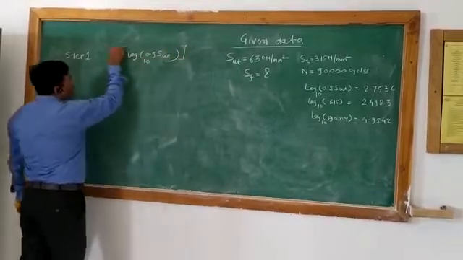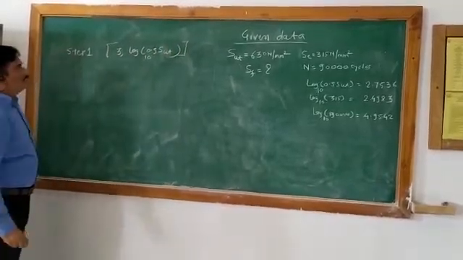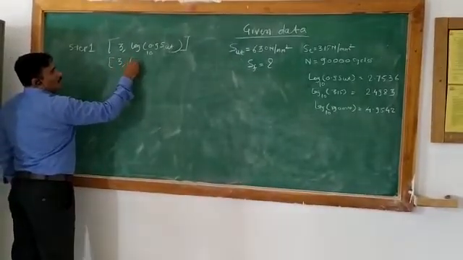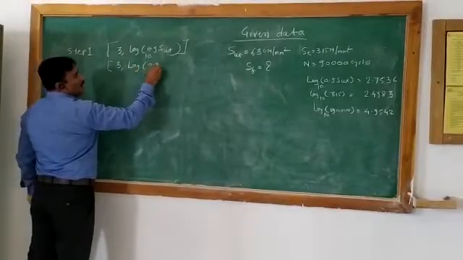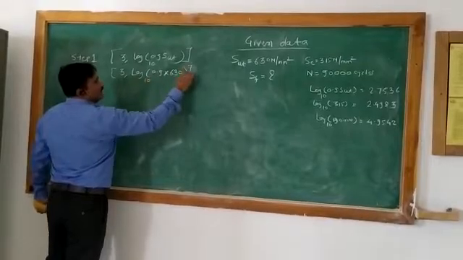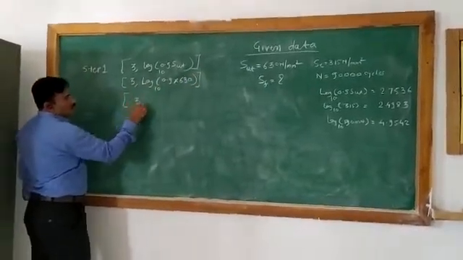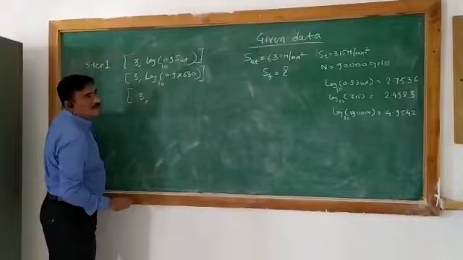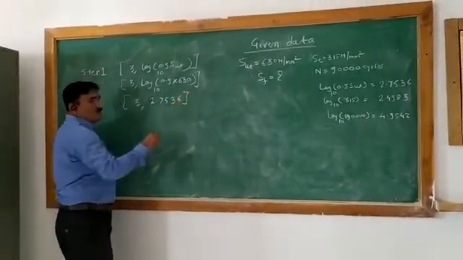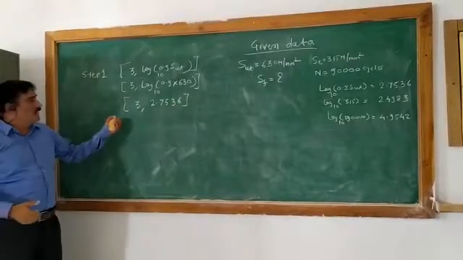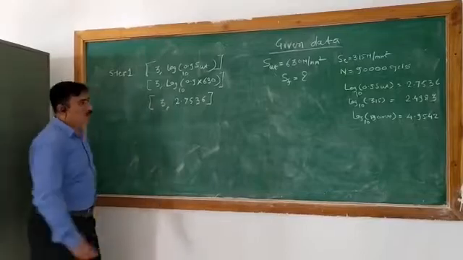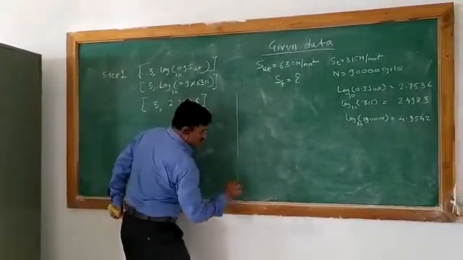In this case, SUT is given as 630, so log of 0.9 into 630 to the base 10. I have already calculated it: it is 2.7536. So this will be the first coordinate, where on the x-axis it is 3 and on the y-axis 2.7536. Now, I will just take this figure.